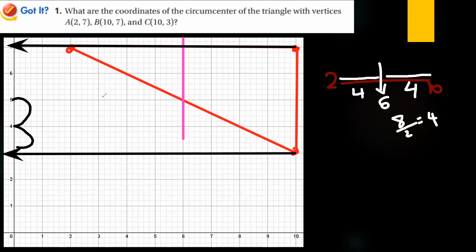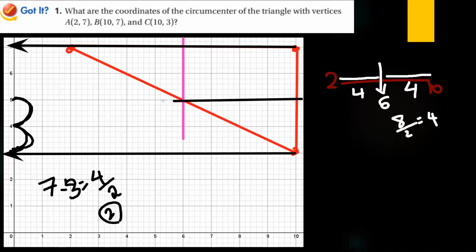You can say 7 minus 3 is 4, then divide by 2, so it will be after 2 points. Remember when you were in grade 2, when the frog jumps 2 points, it's like this. So they are at 5. Here at 5, and they will be like this.